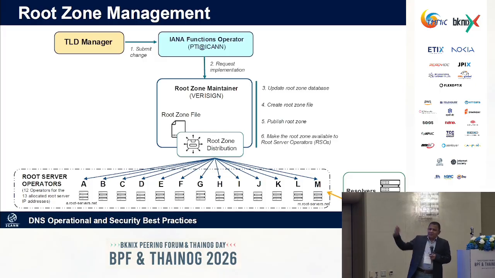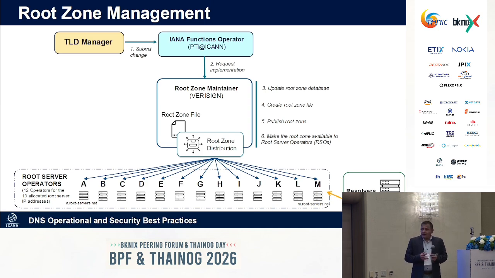What happens is that the TLD manager, if anyone here manages TLD zones, needs to send the change request to IANA. IANA is a function within ICANN. IANA stands for Internet Assigned Numbers Authority, and it is the operational arm of ICANN.